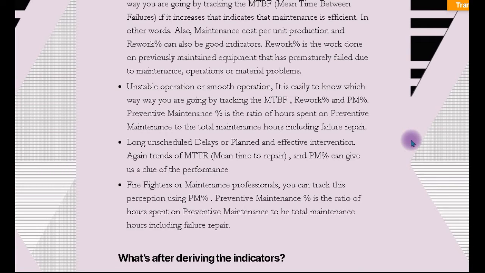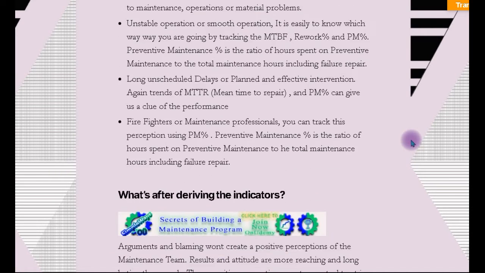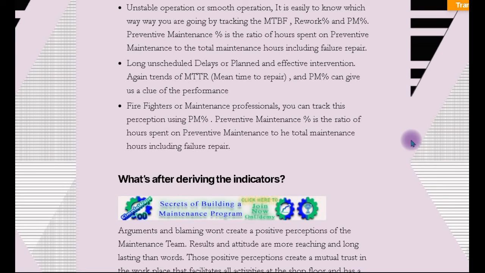We can measure all of this through some indices: mean time to repair, mean time between failure, percentage of maintenance work relative to the overall. Is our team known as firefighters or maintenance professionals? We can know this by calculating the preventive maintenance or predictive maintenance, or whatever scheduled maintenance type you choose, as a percentage relative to the overall maintenance, including the failure and failure repair.